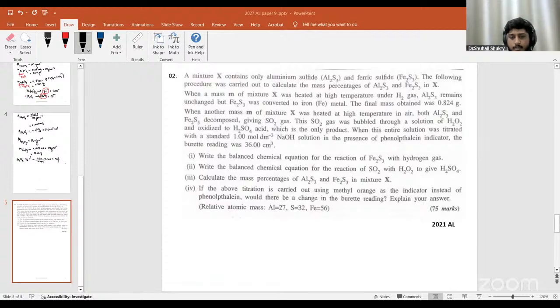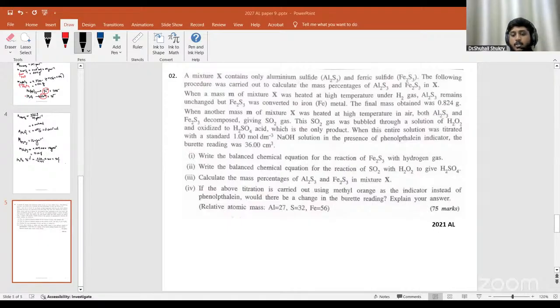After that, they have told that the entire solution was treated with the standard 1 M sodium hydroxide. It means whatever H2SO4 is there is treated with sodium hydroxide, and you know the balanced reaction: sodium sulfate and water.